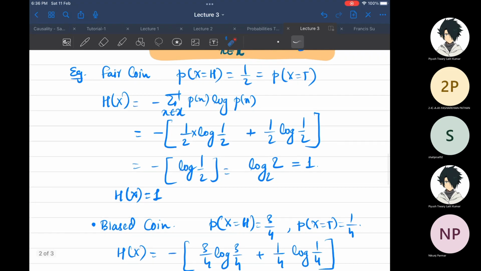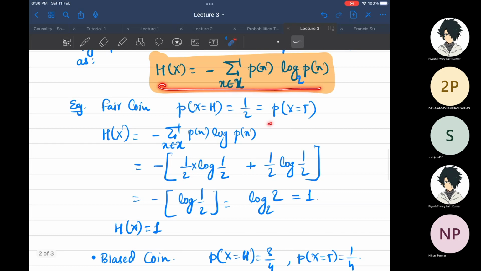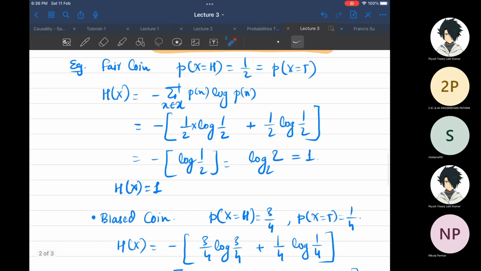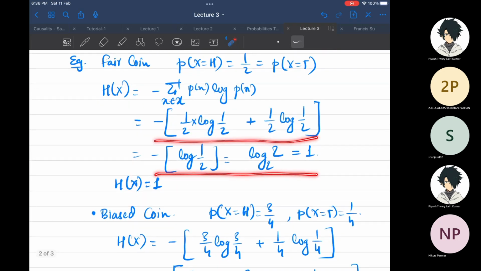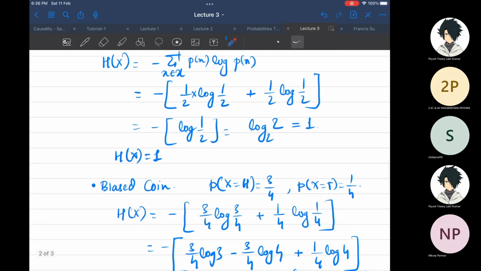Then we substituted these probabilities in this formula for entropy, and after some calculation we saw that the entropy is equal to 1. So we came to the conclusion that the entropy of a fair coin is equal to 1.